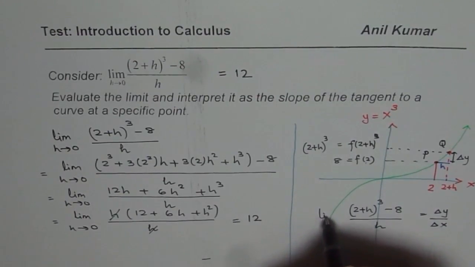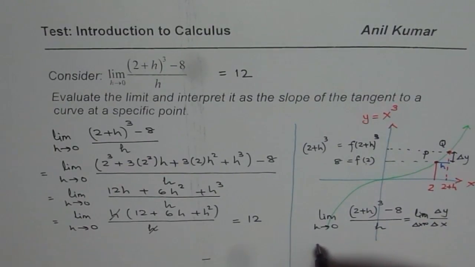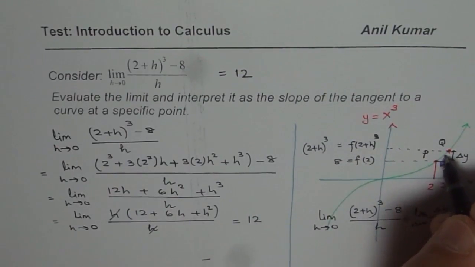Since we have this as a limit, h approaches 0, that means, let me write here, so we have the limit as the denominator delta x approaches 0, so that gives us the slope of the tangent line. So that is the slope.